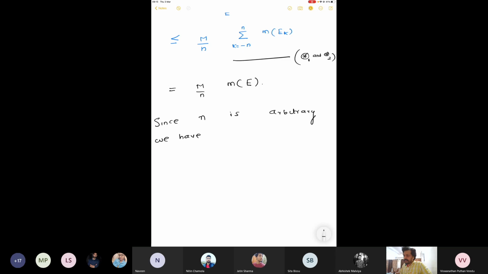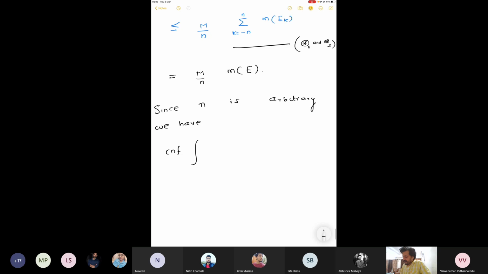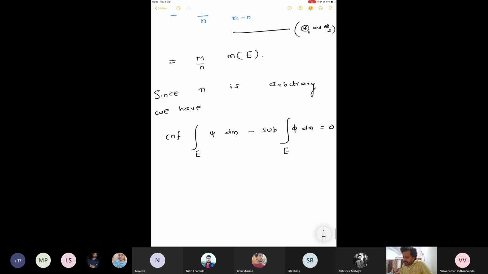Since n is arbitrary, we have the infimum of the integral over E of psi dm minus the supremum of the integral over E of phi dm is 0. Okay, this infimum, when I say psi greater than or equal to f, psi simple. And this supremum, when I say phi less than or equal to f, phi simple.